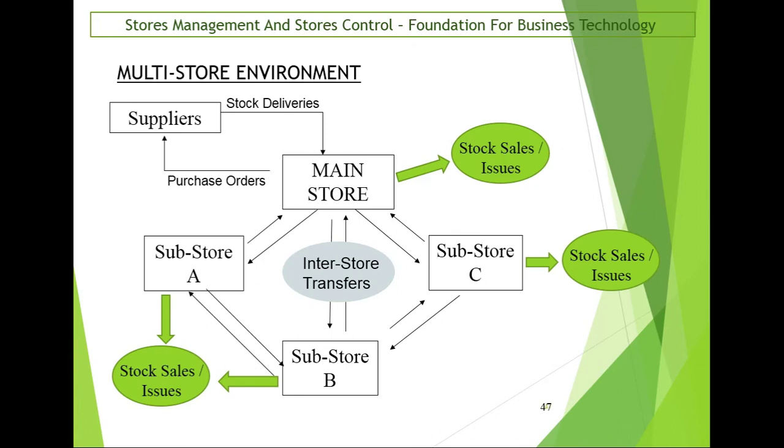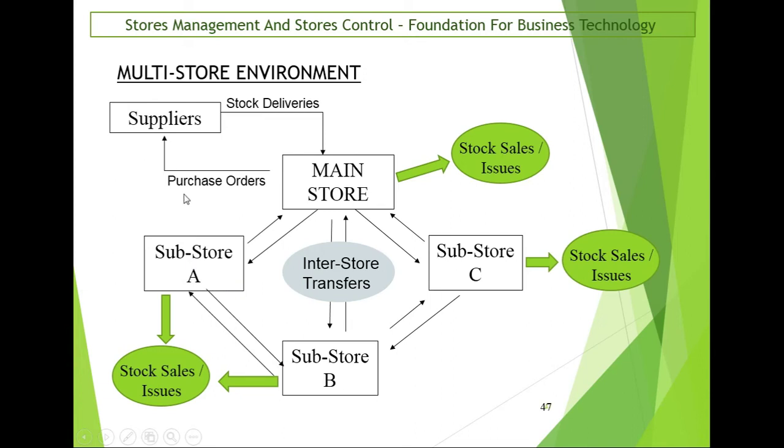When we are dealing with a multi-store facility, we need to understand how transactions affect stock at different levels in the organization. The chart that we are having on the screen now is representing a multi-store environment where you have got a main store and then 3 sub-stores.